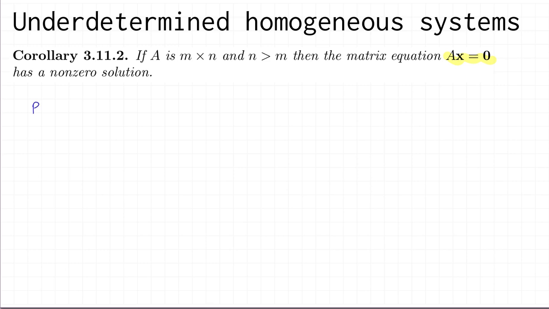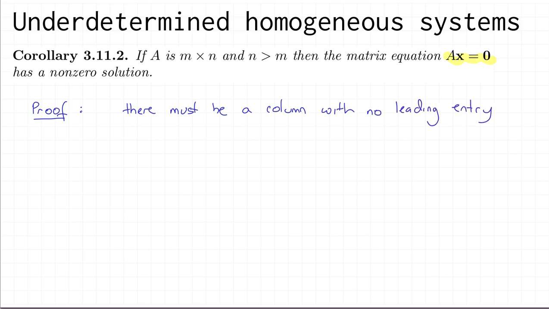So in this case, we don't have enough leading entries for every column to have a leading entry. So there are at most m leading entries because we've got m rows and m is less than n. So there must be a column which doesn't have a leading entry.